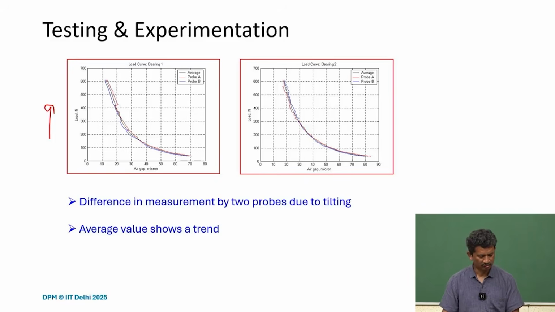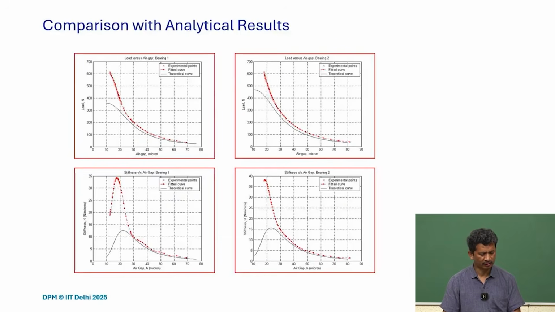If we look at the average value, we can see that there is a clear trend. It shows a behavior of load versus air gap. So very nice. We did it, and then we also tried to superimpose the analytical results. We also tried to find a stiffness plot.